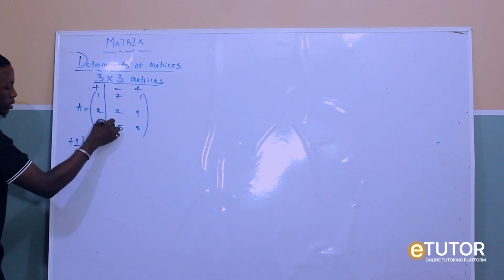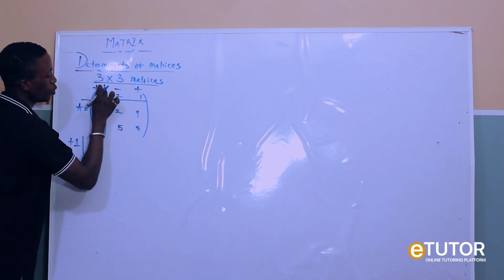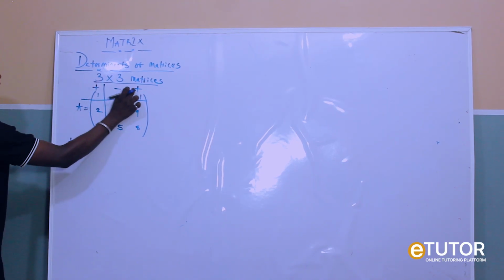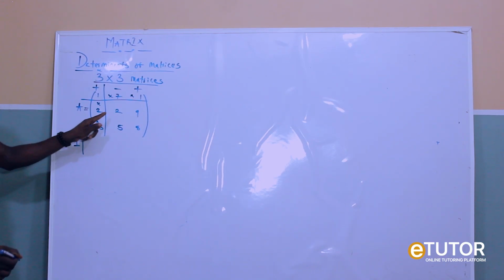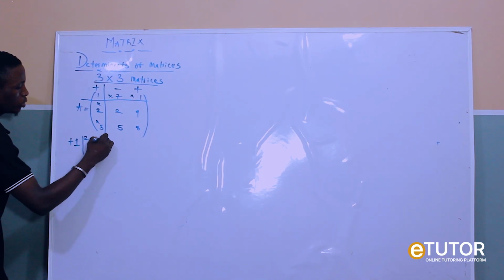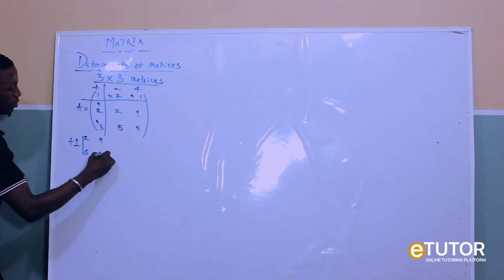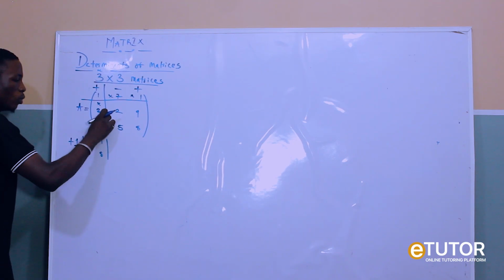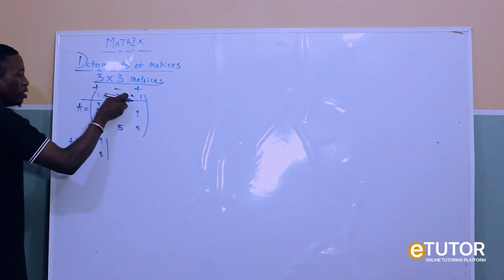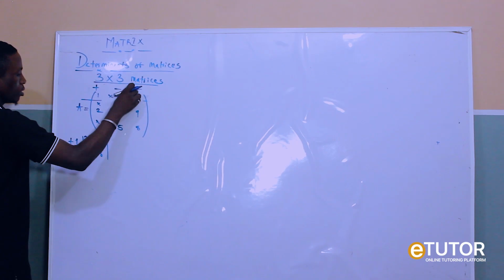So every element on the first row and the first column will be eliminated, will go out. The elements that are left are 2, 9, 5, 8. So now you have converted 1 into a 2 by 2 matrix.